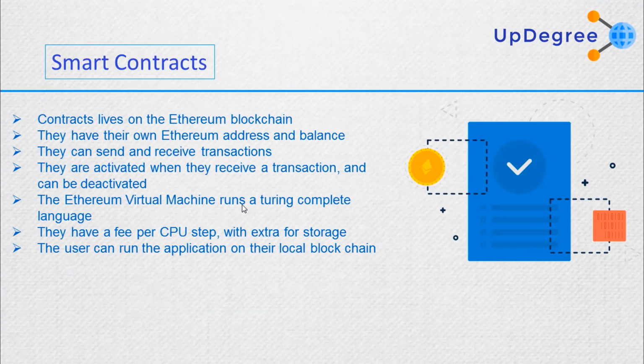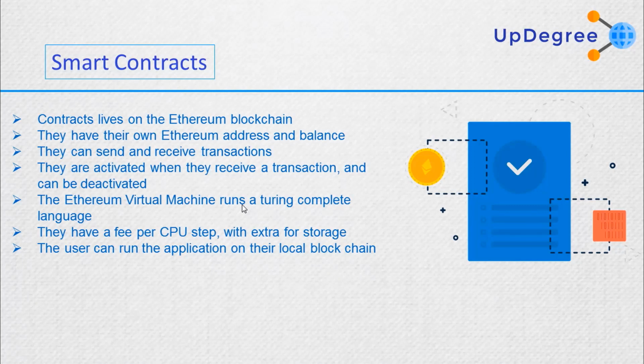Smart contracts live on the Ethereum blockchain. They have their own Ethereum address and balance, so they can send and receive transactions. They are activated only when they receive a transaction, and they can always be deactivated. The Ethereum virtual machine runs on a Turing complete language, with a fee per CPU setup, and extra fees for storage.